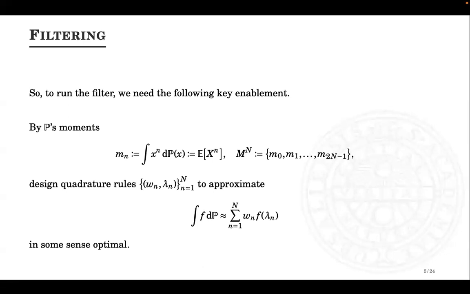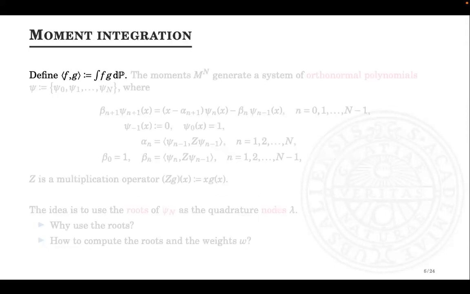Okay, so if we want the quadrature node to be optimal in the sense that the integral will be exact for polynomial integrands, then we will need to use the so-called orthogonal polynomial approach. To do this, we need to introduce some technical prerequisites.